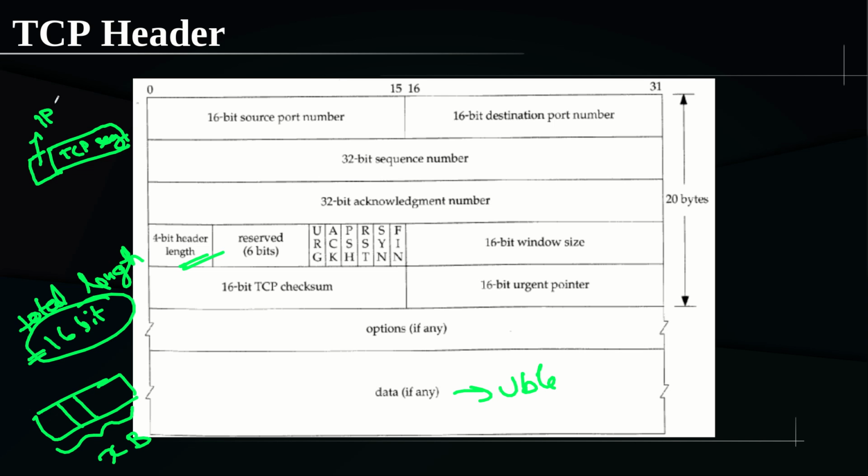So this is the IP header, and this TCP segment and IP header together make the IP packet, right? So this IP packet's total size we know from the total length field, and from that you subtract the IP header length, that also we know. Now you will get the size of the TCP segment, right?